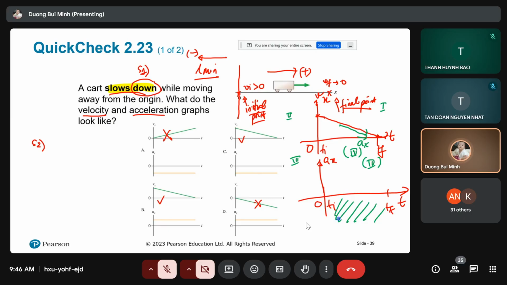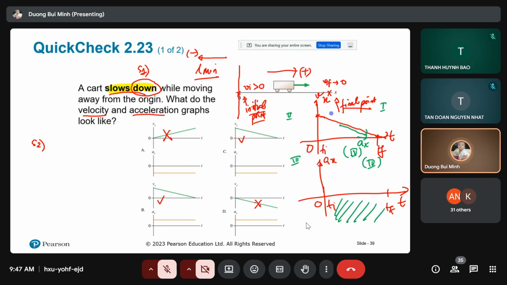Let me check. If we explain like this, it's wrong, because actually if Vx is constant, Ax is negative, that's okay.